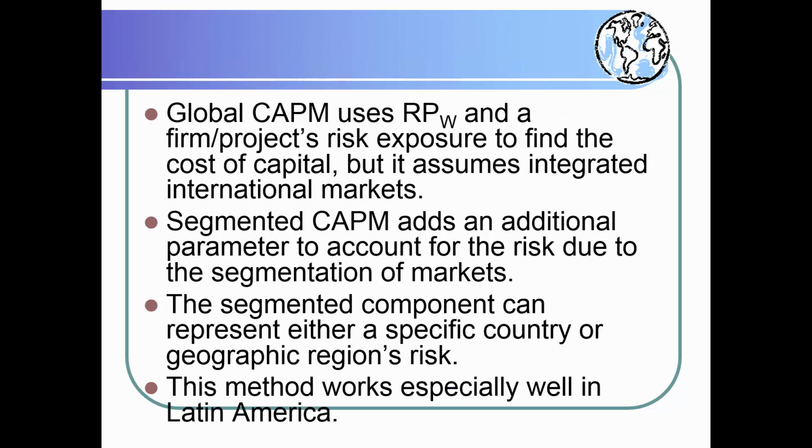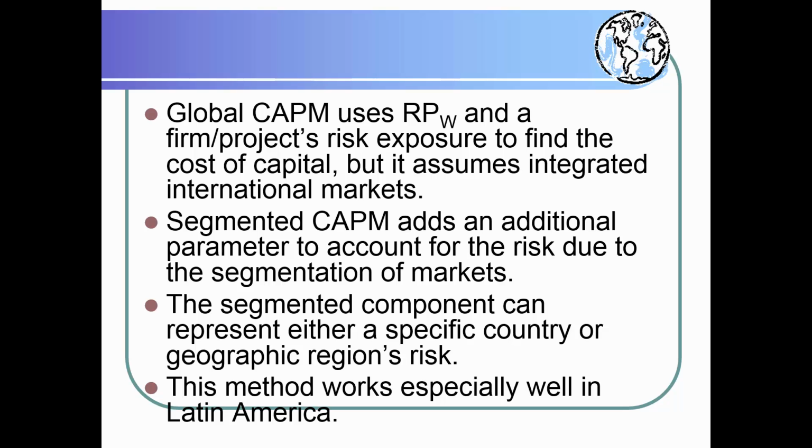In the case of the global CAPM, we use the world risk premium and a firm's project risk exposure to find the cost of capital, and here we are assuming that international markets are integrated. On the other hand, a segmented CAPM adds an additional parameter to account for the risk due to the segmentation.